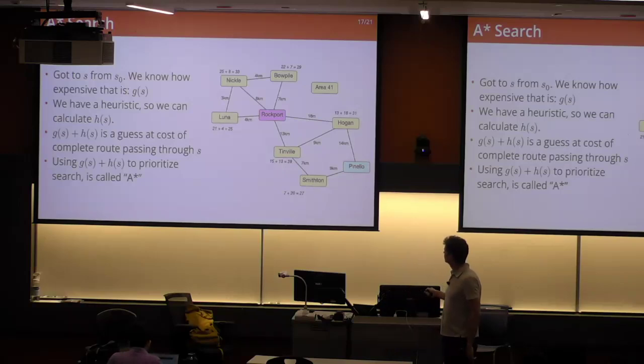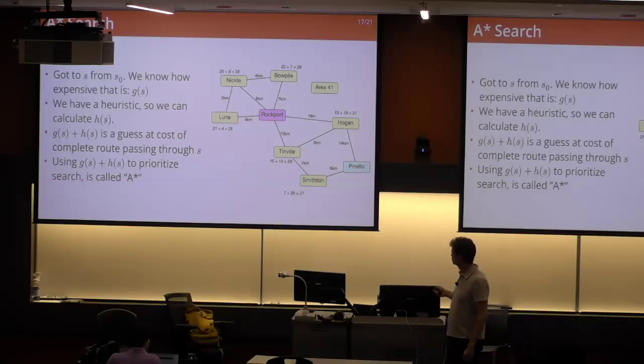In this case, the heuristic was 15. I guessed it was going to take 15 kilometers to travel from Tinville to Pinello. How did I do that? Well, I just looked at the longitude and latitude of this city and of that city. I used the Pythagorean theorem, and voila, I got a reasonable guess at the distance.